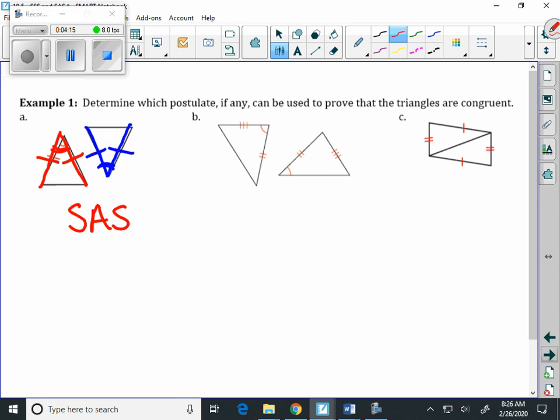The important part is the included angle, because if you look at the middle example, letter B, on the left of B we've got a side, an angle, a side. We've got 2 sides and an included angle on this triangle, and we still have 2 sides on the other, but we don't have an included angle on letter B. So this one's going to be neither.